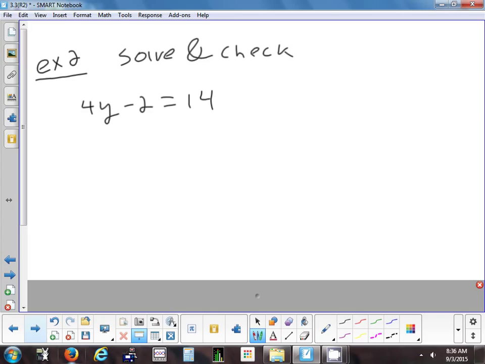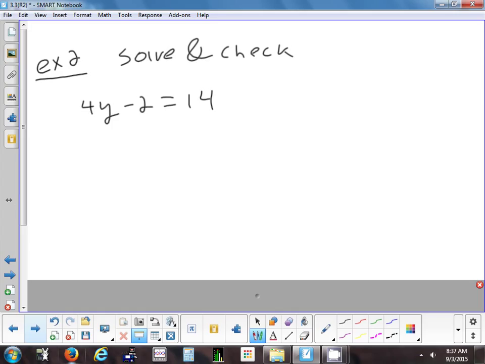Okay, Michaela, what's my next step after simplify? Perfect, addition or subtraction. Okay, is there any addition or subtraction I have to do here to try to get y by itself? So anything I can move to the other side? Yeah, the -2. Perfect. Okay, and how would you move a -2?